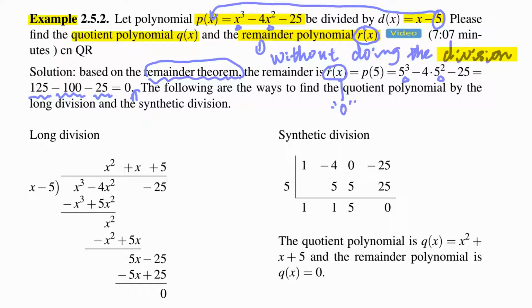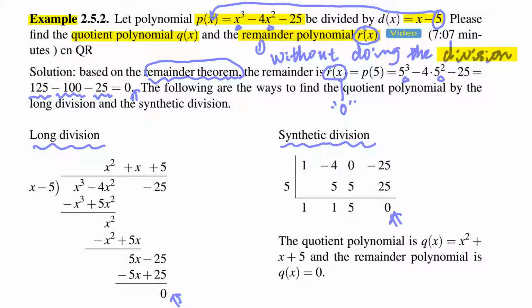Okay. Now, we applied the remainder theorem to get the remainder, but we may also use synthetic division and long division to get our remainder here and here. Synthetic division is easier, so we may work on this one first.